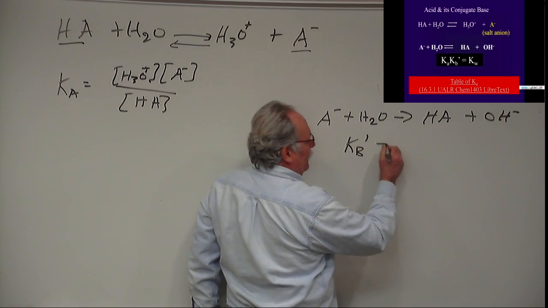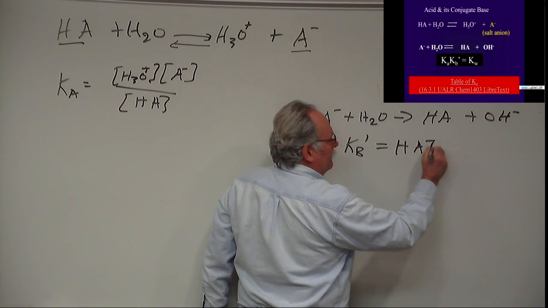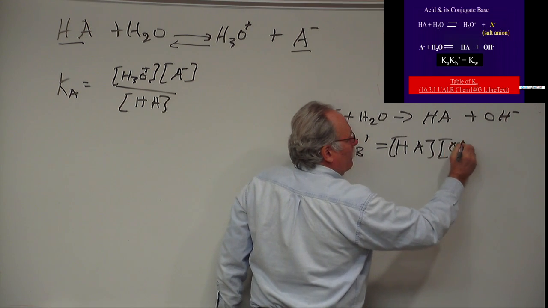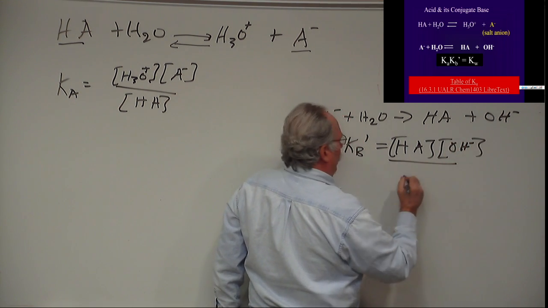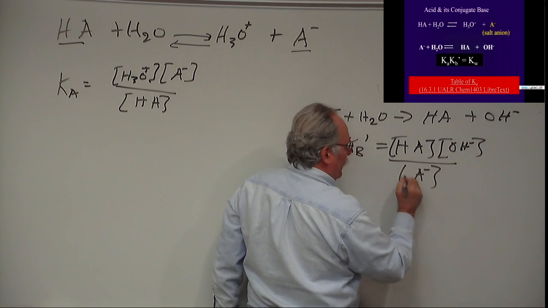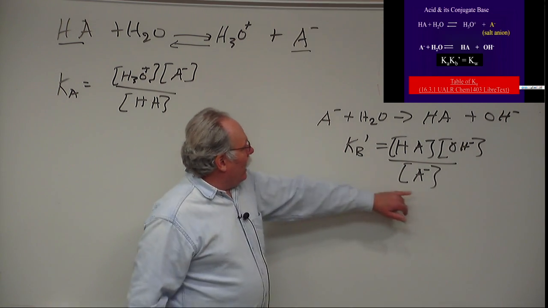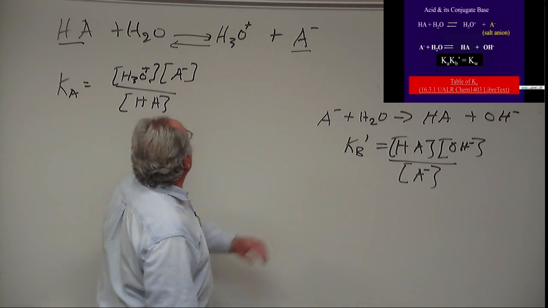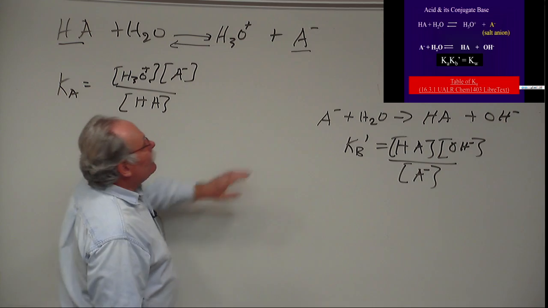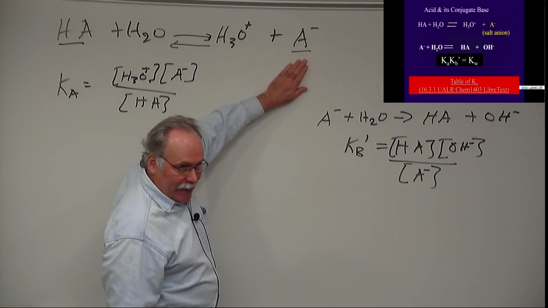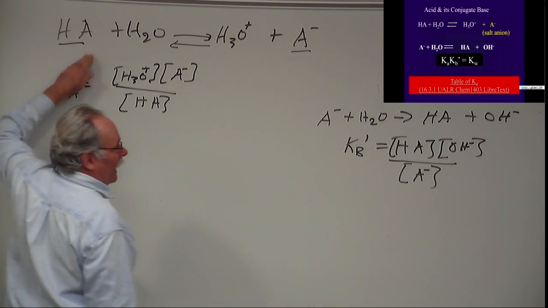Now, this Kb is equal to HA times OH minus, all divided by the initial anion. And that anion could have come from a salt. So if this had been acetic acid, I could have had sodium acetate, the salt of acetic acid.